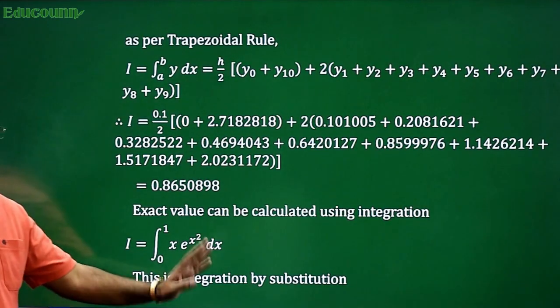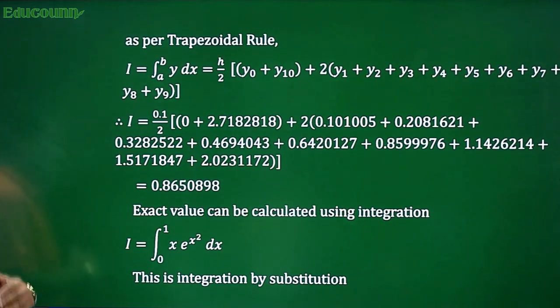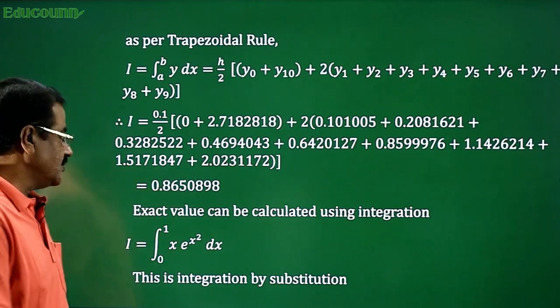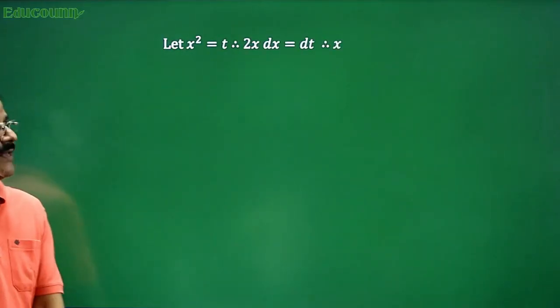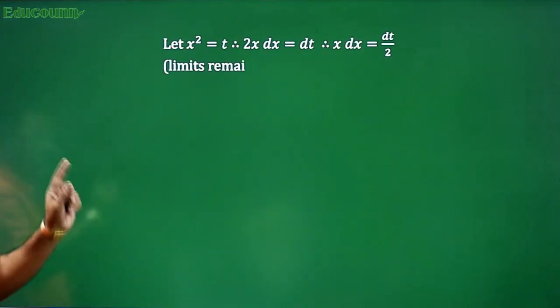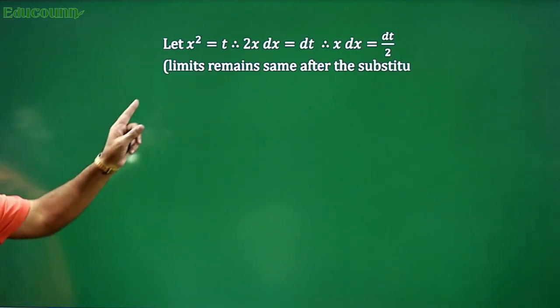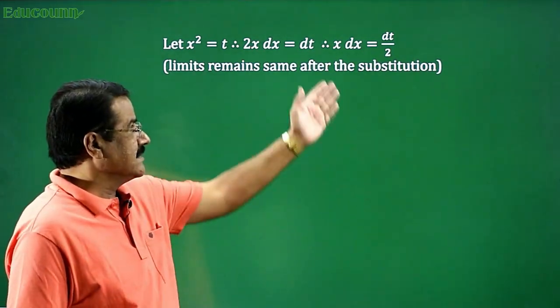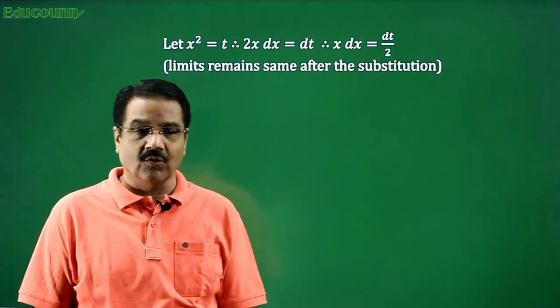This is an integration by substitution, because whenever it is e raised to x square, we can do the integration only and only when we do the substitution x square equal to t. So if x square equal to t, then 2x dx is equal to dt, and since we want to replace x dx, that is nothing but dt by 2.